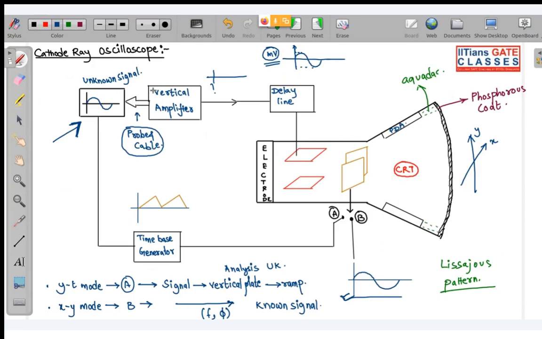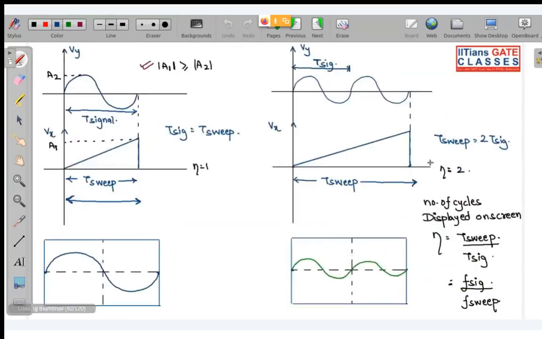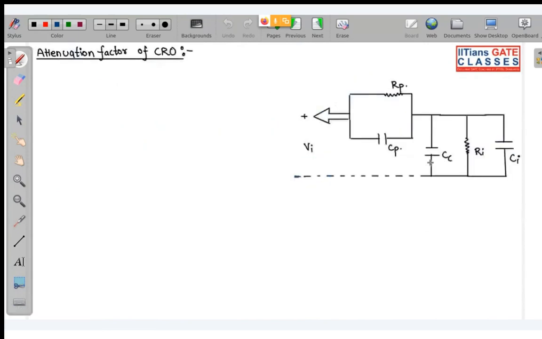Now, I told you it is difficult to explain because I cannot exactly model this CRO, it's not in our course. So you have to understand that here I have one resistance Ri. Now what is this Ri?